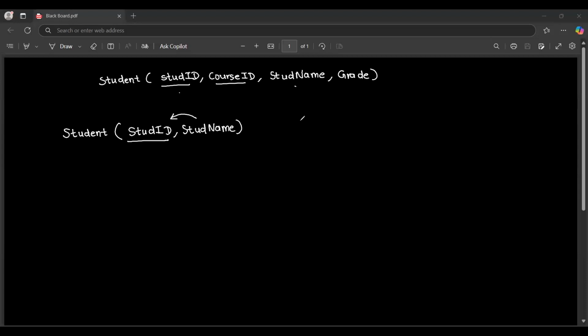In the other relation, stud course, we will have stud ID, course ID, and grade. Now we know the non-prime attribute grade is fully functionally dependent on stud ID and course ID. So this is one way to do this question.